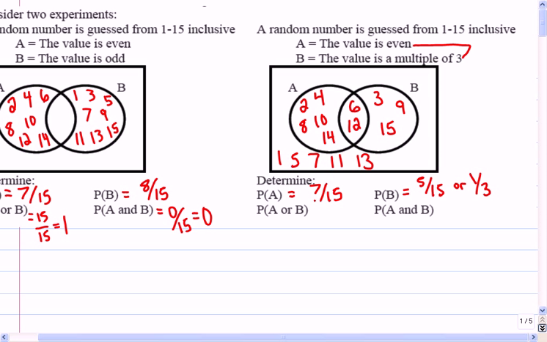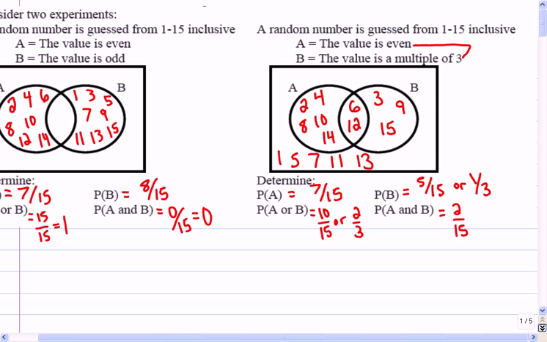Yeah, 10 items out of the possible 15, so that's also 2/3. What's the probability that you are both even and a multiple of 3? 2 over 15. Good, yeah, there's 2 in that part of the Venn diagram.